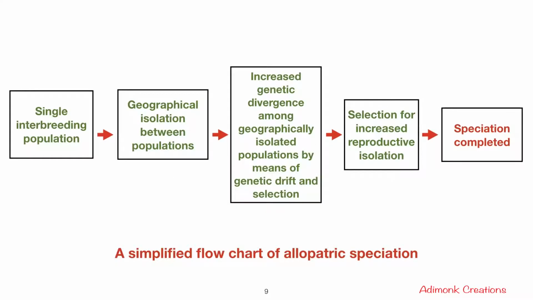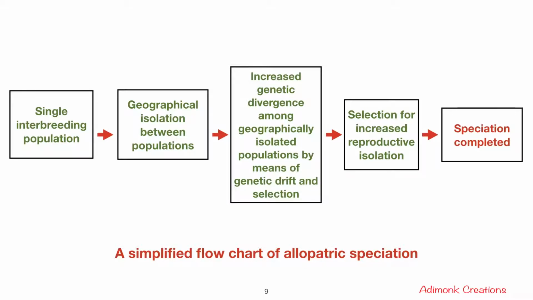So here is a simplified flow chart of allopatric speciation. A single interbreeding population in the beginning gets geographically isolated and becomes two different populations. Because of the geographical isolation, once the two populations are in different geographical regions, there is increased genetic divergence among them by means of genetic drift and selection.